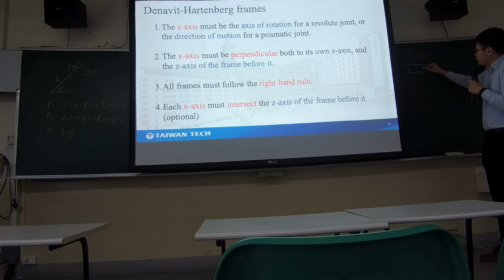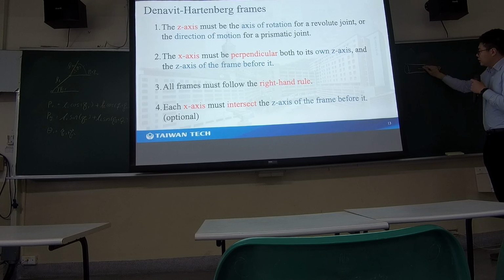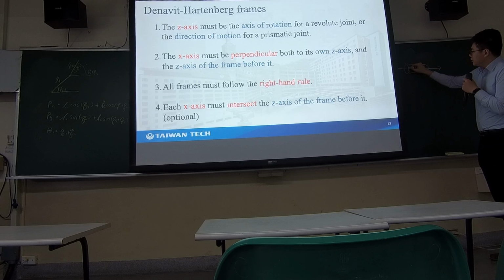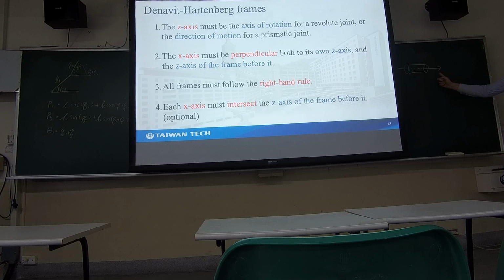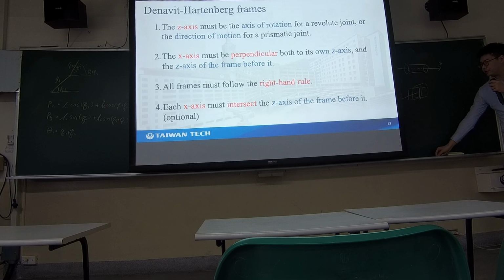So for a revolute joint, the z-axis is the axis of rotation. And for a prismatic joint, it must be the direction of motion.